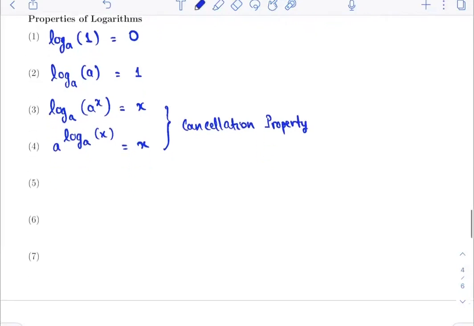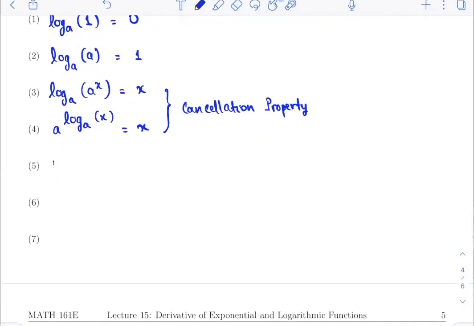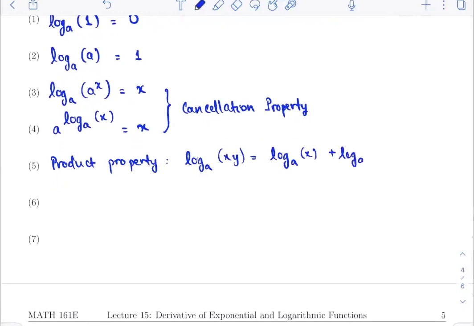For number 5, you have the product property. For this product property, if I consider log base a of x times y, this should give me log base a of x plus log base a of y.